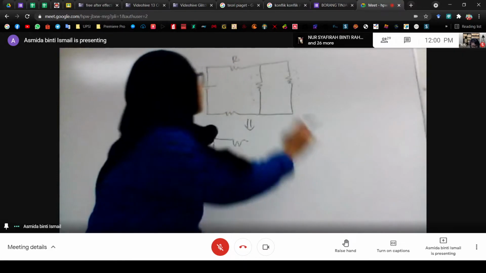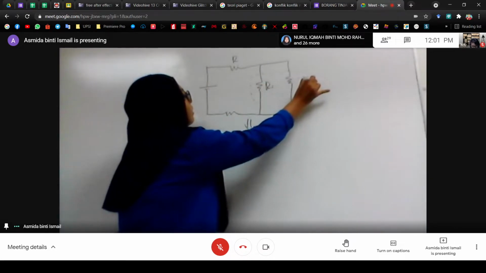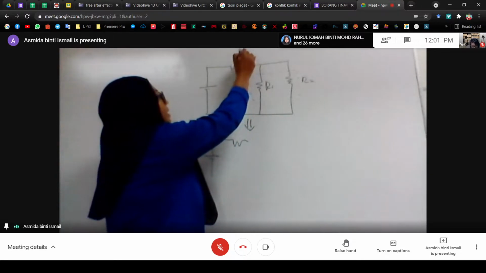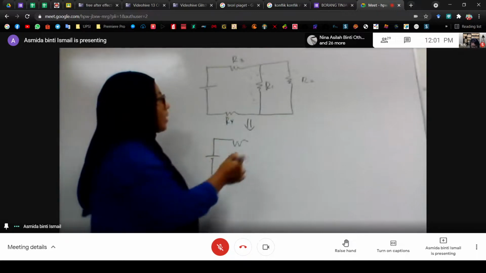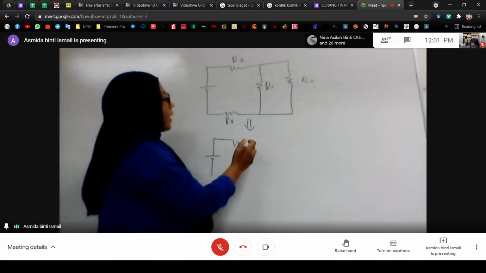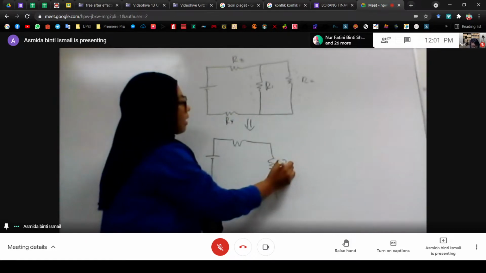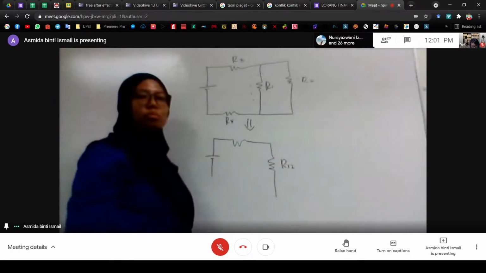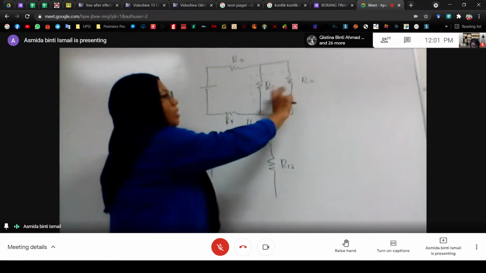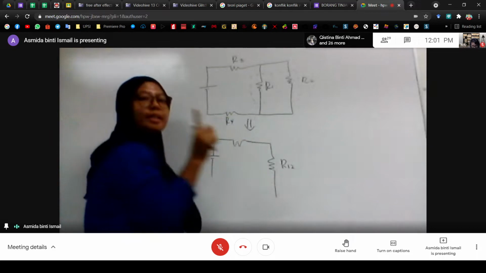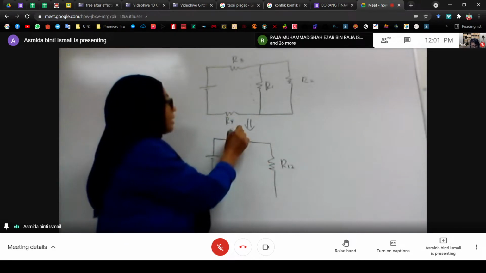This is R2. Okay? I label this is R3 and I label this is R4. Okay? So, R1 and R2, we can combine these two, become one, R1. Okay? This is R2.